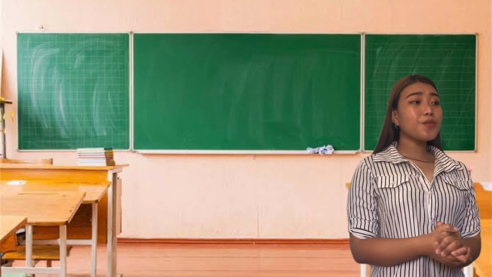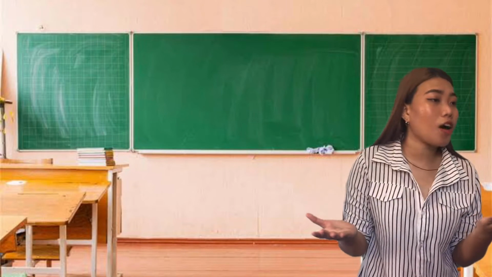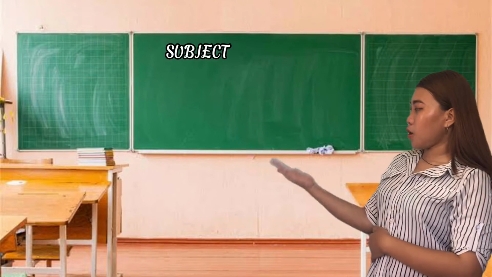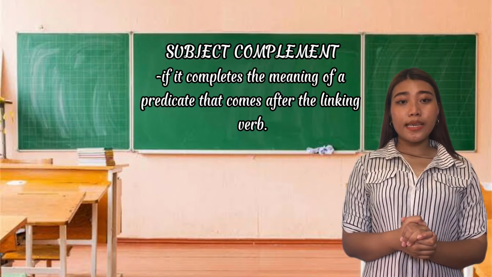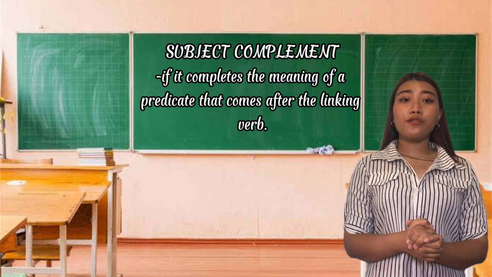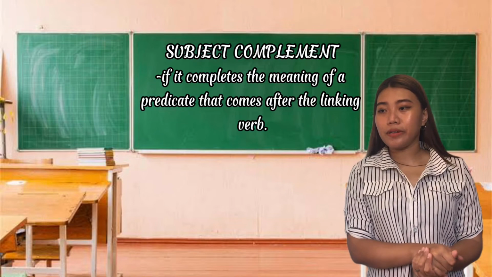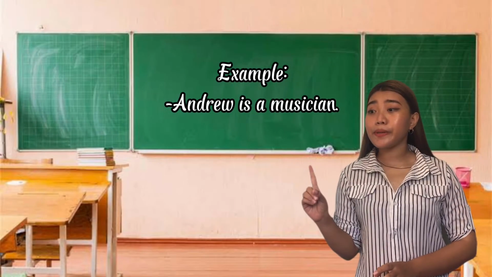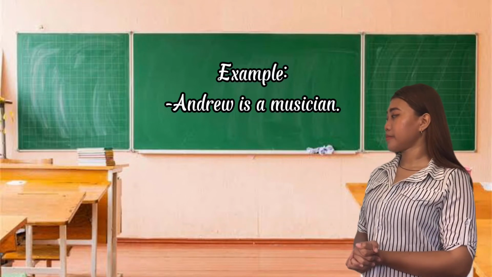Alright, so let's proceed to the next one, which is the subject complement. Okay, a noun functions as a subject complement if it completes the meaning of a predicate that comes after the linking verb. Right, for example, Andrew is a musician.